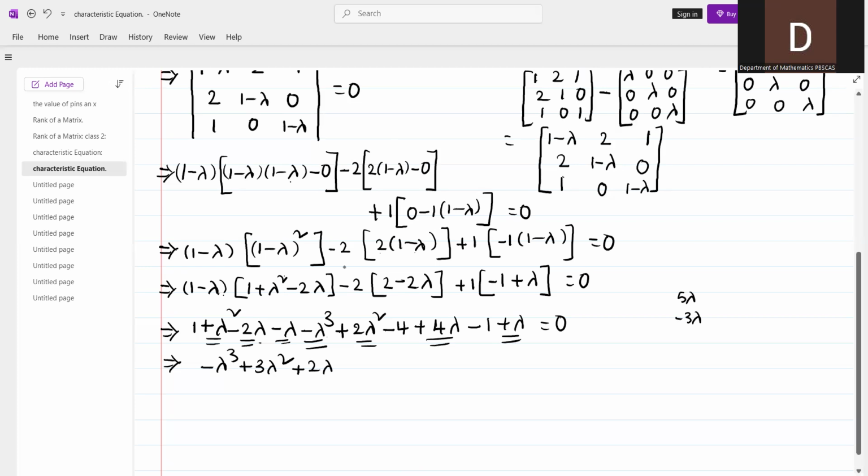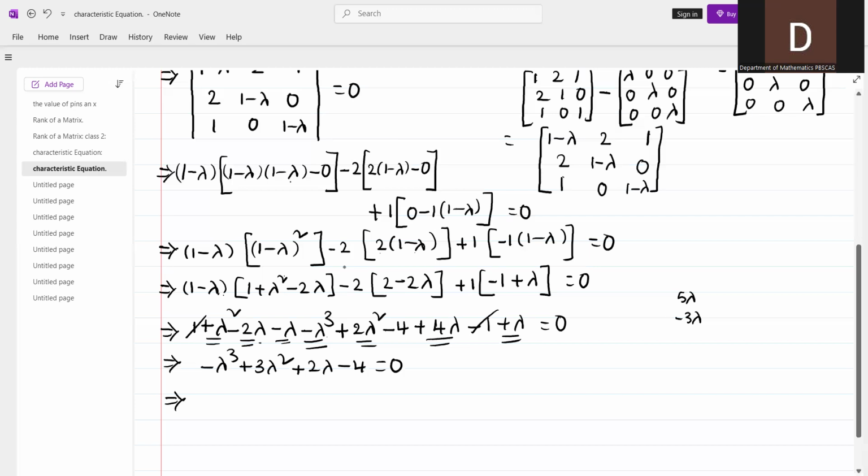And the remaining constants, here 1, here minus 1, plus 1 cancel, and only minus 4 is there. So minus 4 is equal to 0.